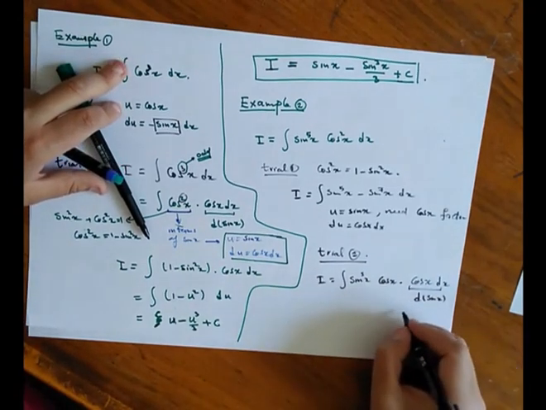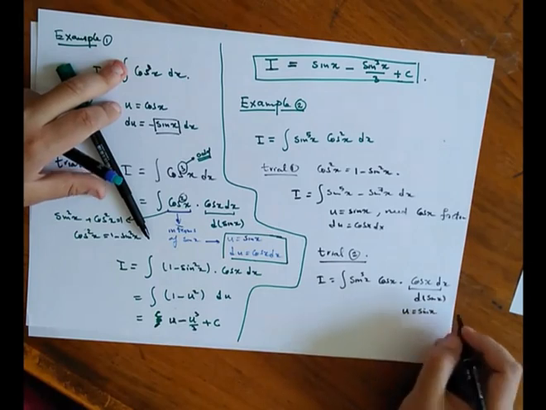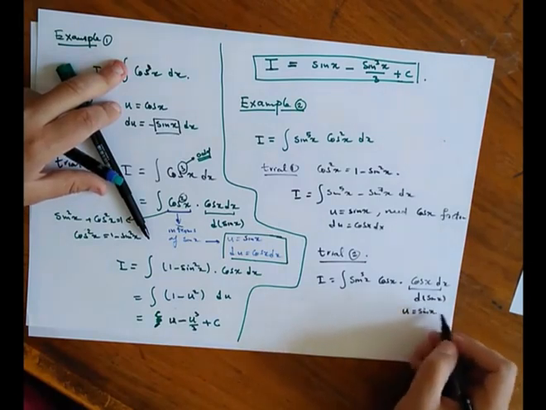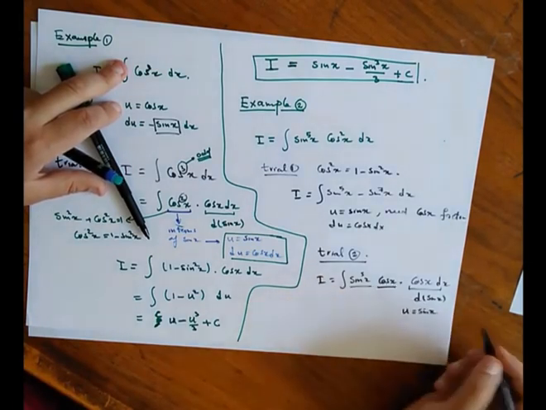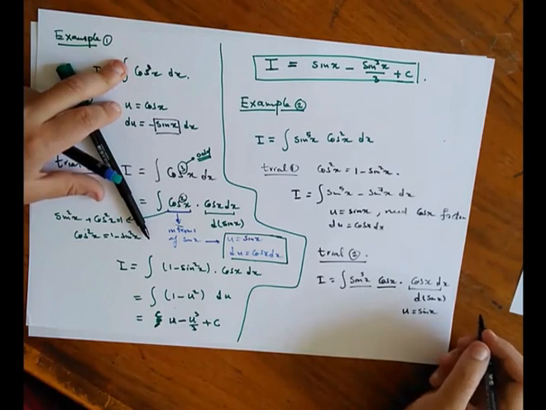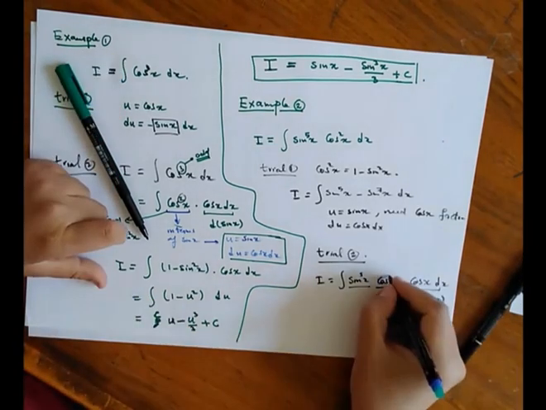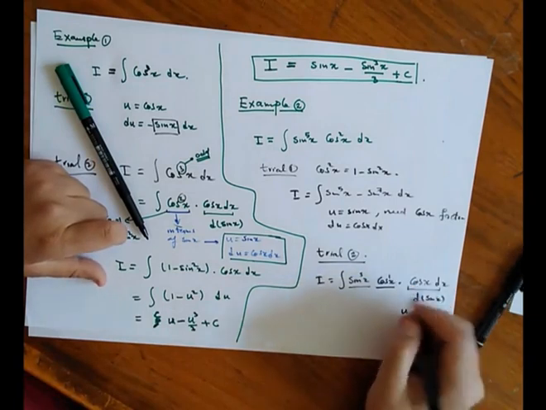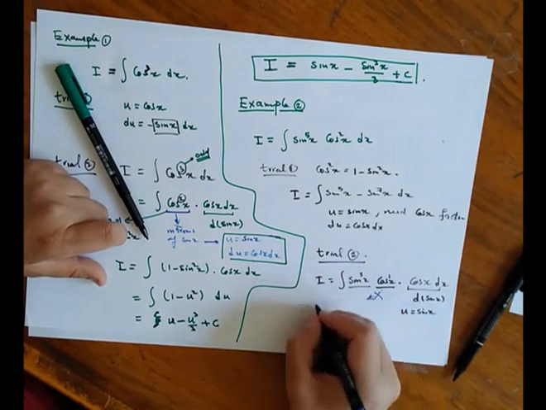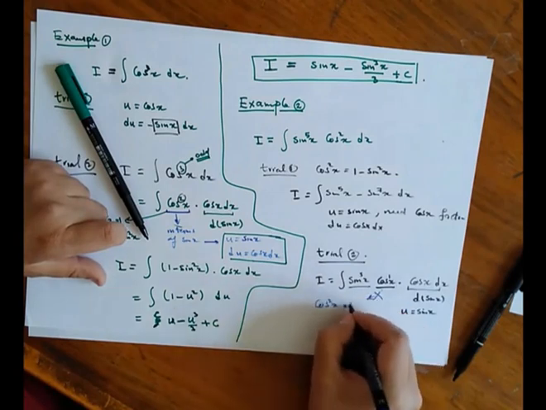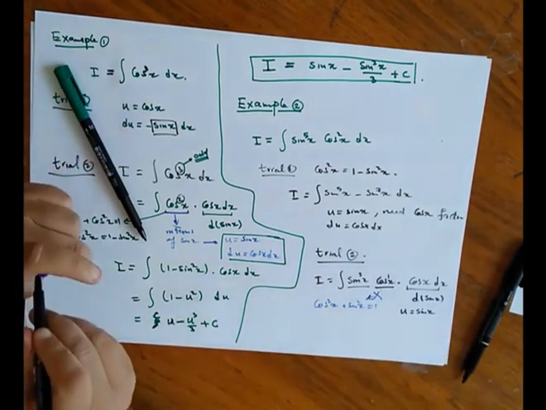But again, if you think in this way, you need to say that u is going to be sine x. Okay? So you have to write everything here in terms of sine x. So this part is okay, but what about the cosine? The cosine here will make a problem, because the power of this cosine is odd, which when it's odd, we cannot use this relation anymore. So we have to find another way.